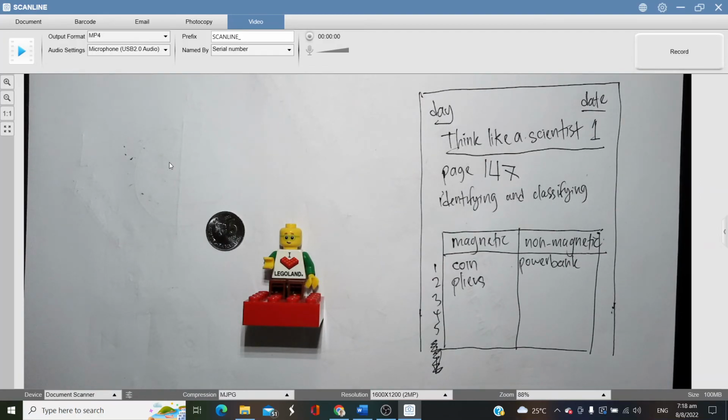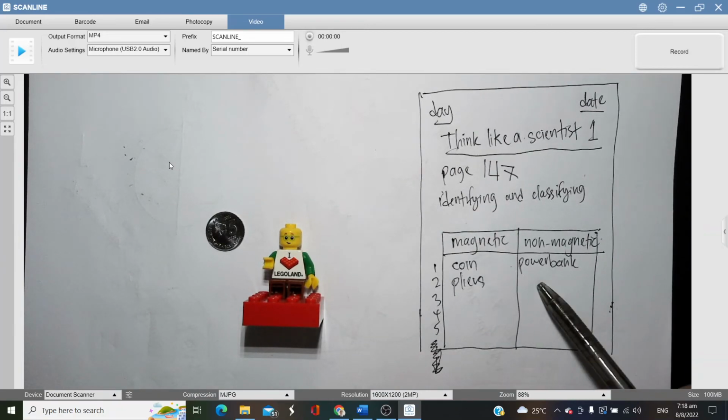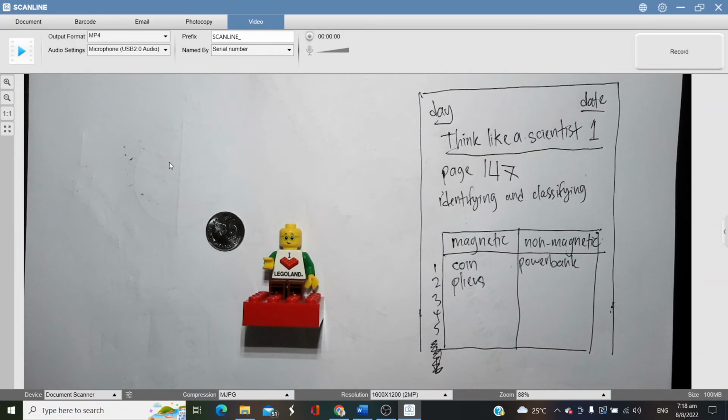But after you try, make sure you write whether it's magnetic or non-magnetic. I don't want you to bring the items to school in our next class. You don't have to bring your mom's washing machine or your father's car. Please do not bring anything. You just need to write.